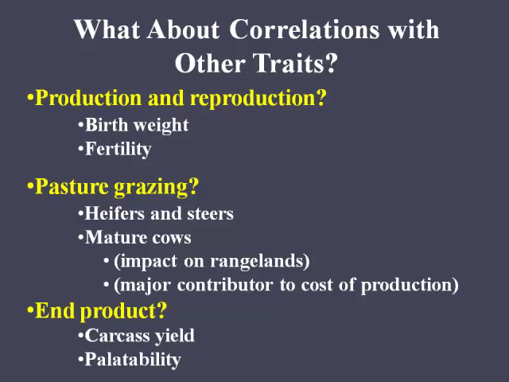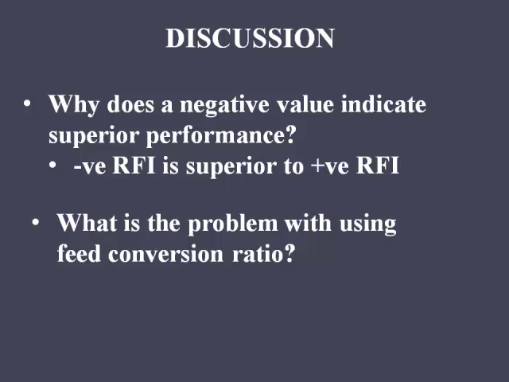But the variation that I showed you there, that difference is 35%. And Tom mentioned he thought we could get a 10% improvement in feed efficiency in animals in the next 10 years. I think he's spot on. I think it's entirely possible. And this is the kind of variation that we can exploit. So we've talked briefly about why a negative value indicates superior performance.